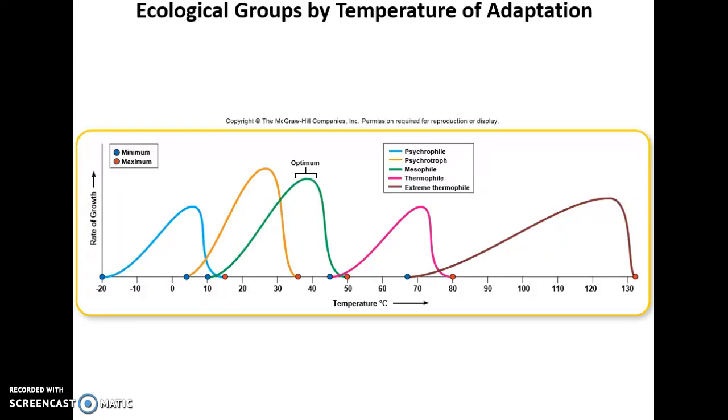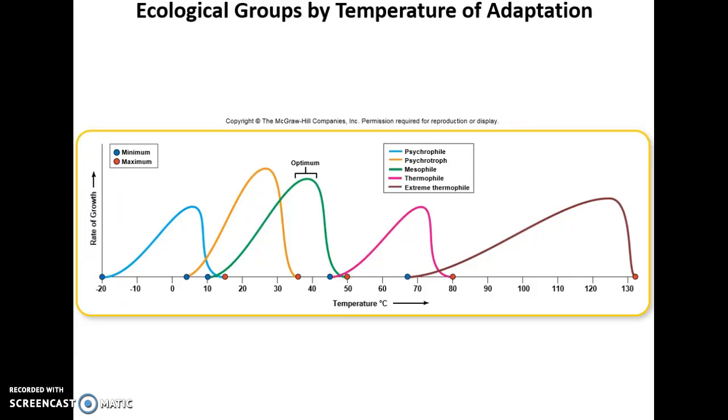All right, so on the y-axis in this figure, you have the rate of growth, with more growth being as you increase on the y-axis, move away from that point of 0. And then on the x-axis, you have temperature in degrees Celsius.